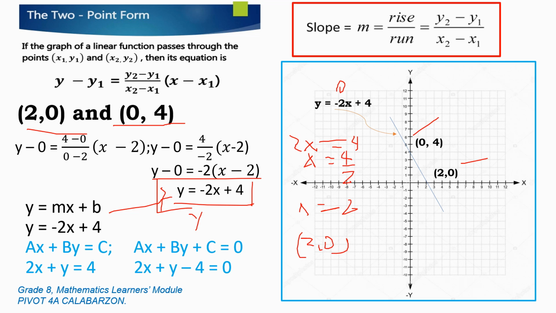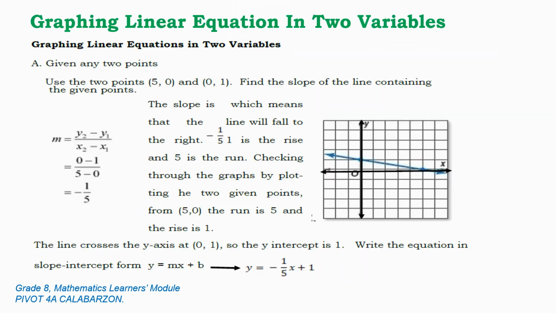Huwag kalimutan. And the general form, kapag tinatanong kayo, this is the general form. Kung bakit naging negative, kasi nga nasa kabila, lipat, maging negative. You can use the transposition property or the AP.